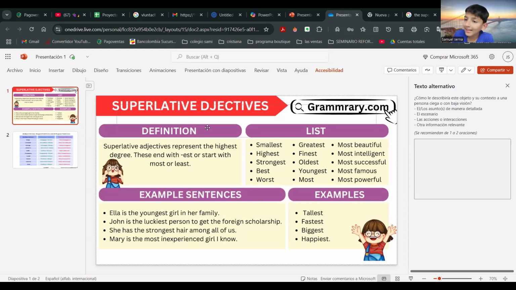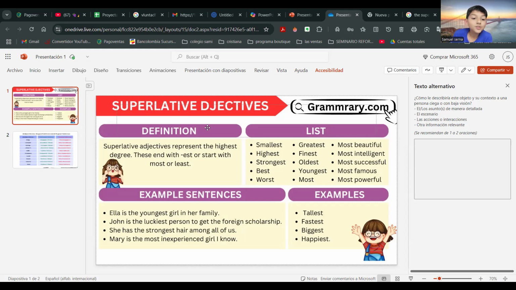They have them in all sentences. You can look for the sentence: Don is the tallest, not Don is tallest. I need the before it.